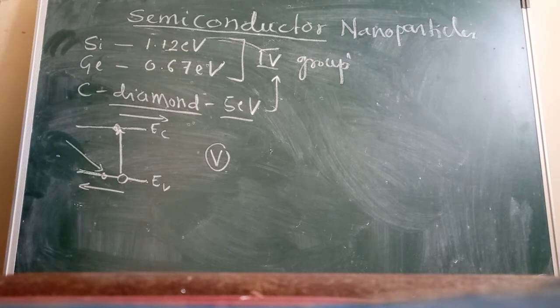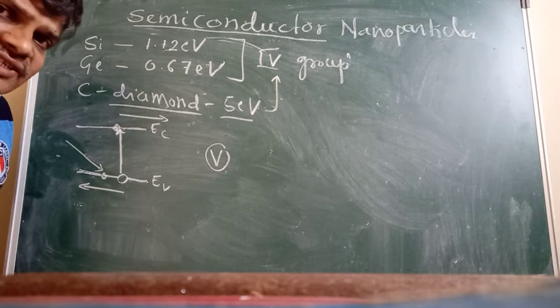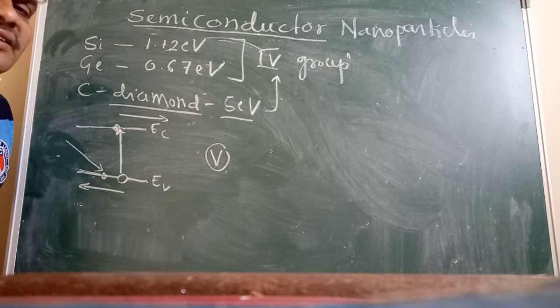For that purpose, we know that semiconductors are classified into intrinsic and extrinsic semiconductors. Intrinsic semiconductors are pure semiconductors, like germanium and silicon, and their drawback is that the conductivity is negligible. Why negligible?